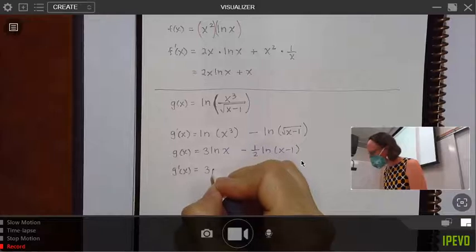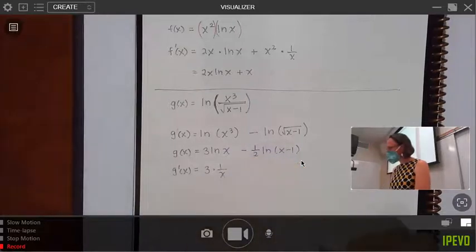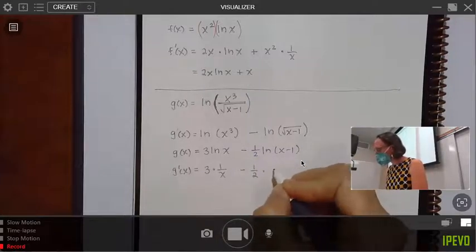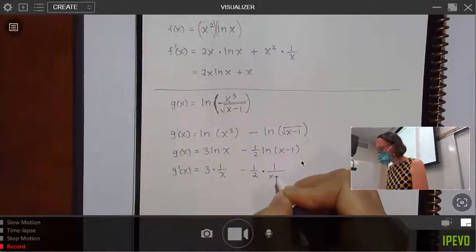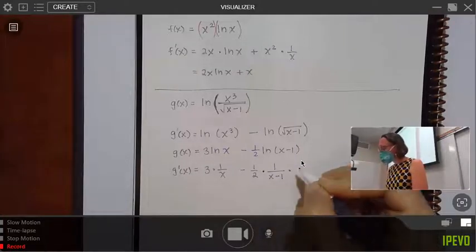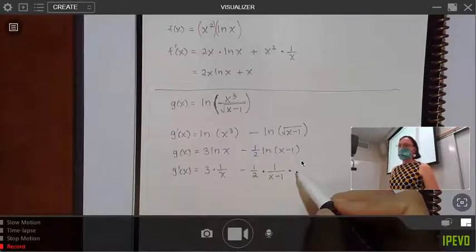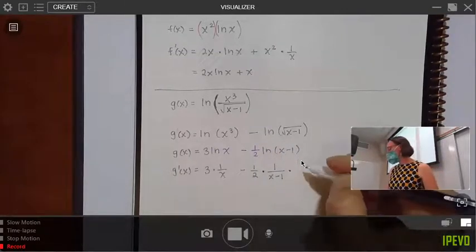So this is just going to look like 3 times 1 over x minus 1/2 times, we've got natural log of something, so it's going to be 1 over the something. For completeness, I would apply the chain rule, but the derivative of x minus 1 is 1.